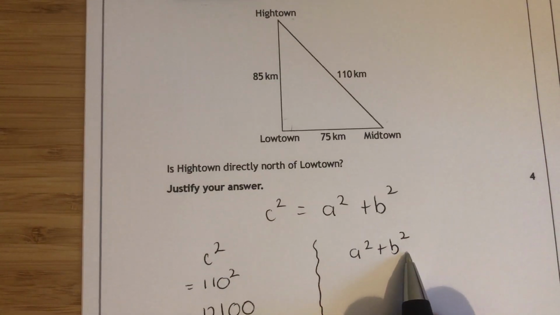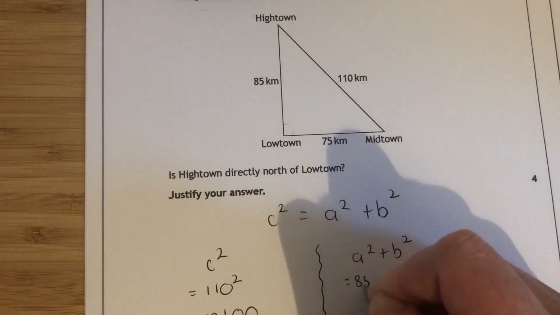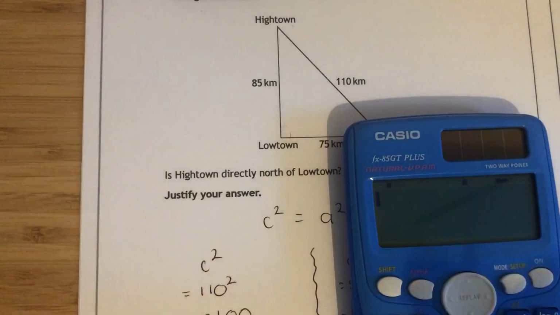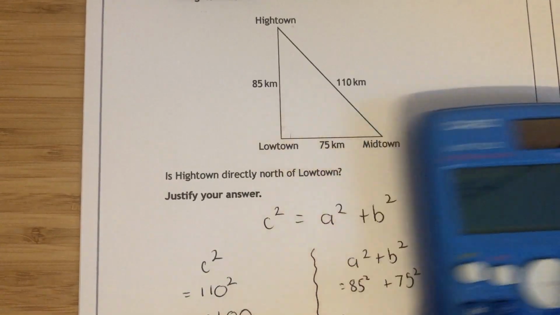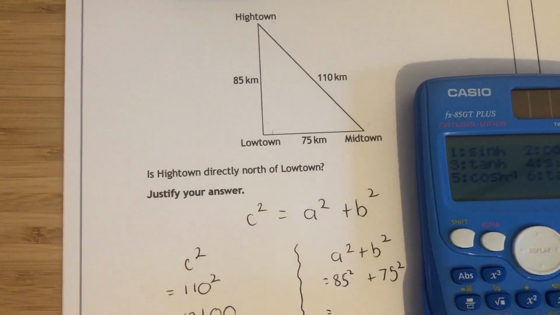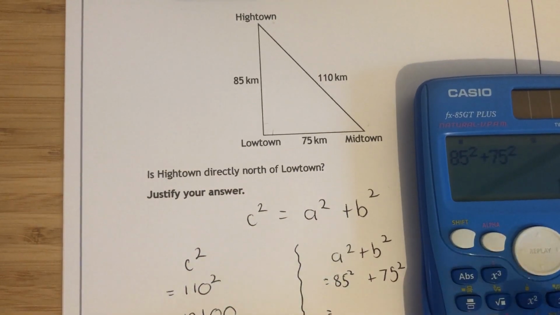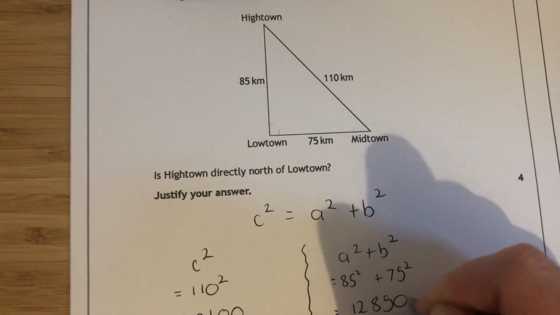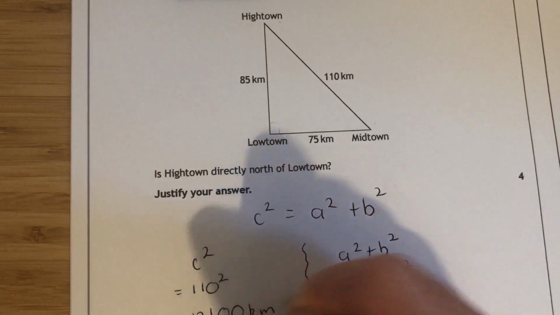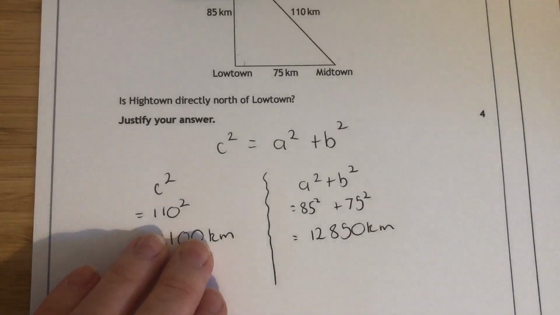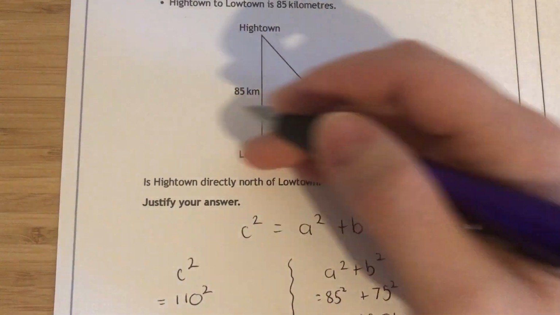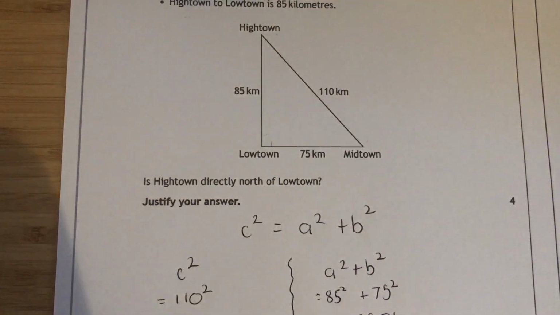And then a squared plus b squared, we've got 85 squared plus 75 squared, which equals, this one we've got 12,850. Both kilometres. Since c squared doesn't equal a squared plus b squared, we know that this is not a right angle, and therefore if that is west, this cannot be north.